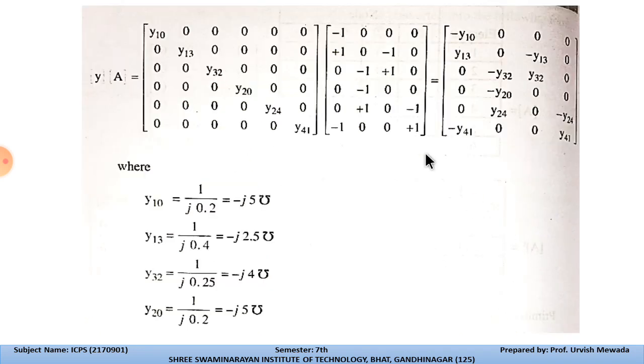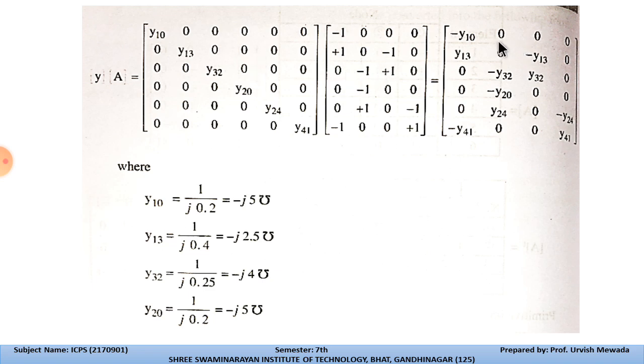Now y into A, where y is the primitive network matrix and A we derived from the oriented graph of the given network. From this we can have the minus and plus values. Suppose this is -1, so y10 will be -1, and this is y13.